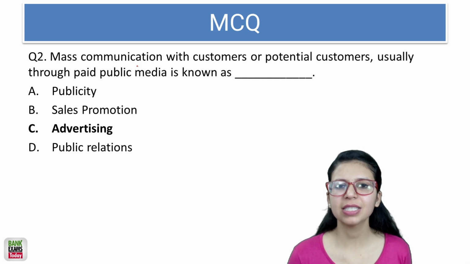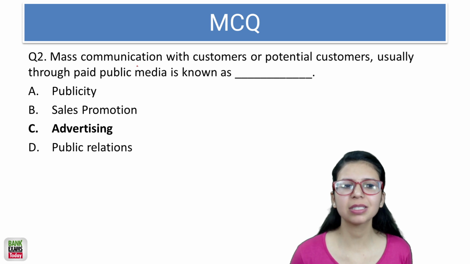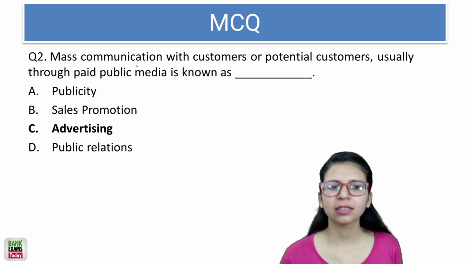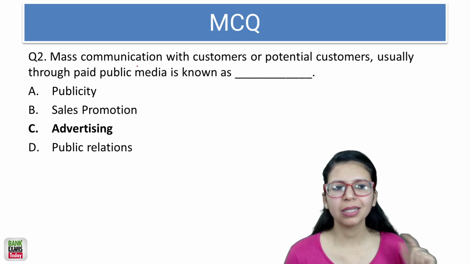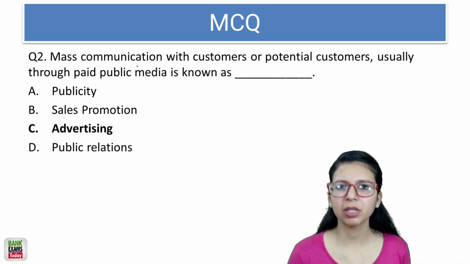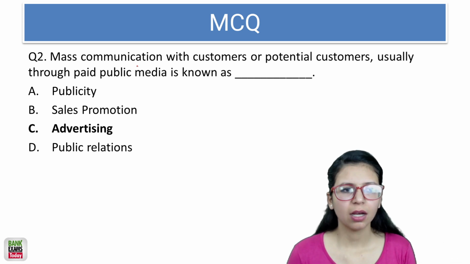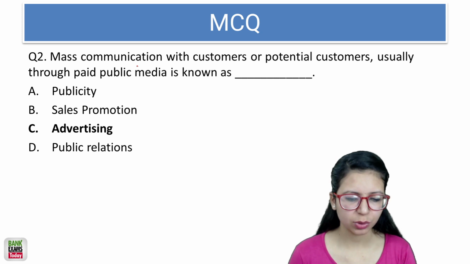We will see the explanation for all of these answers. You might get confused between publicity, sales promotion, and public relations, while advertising stands out because it is totally different. The names are quite confusing here.